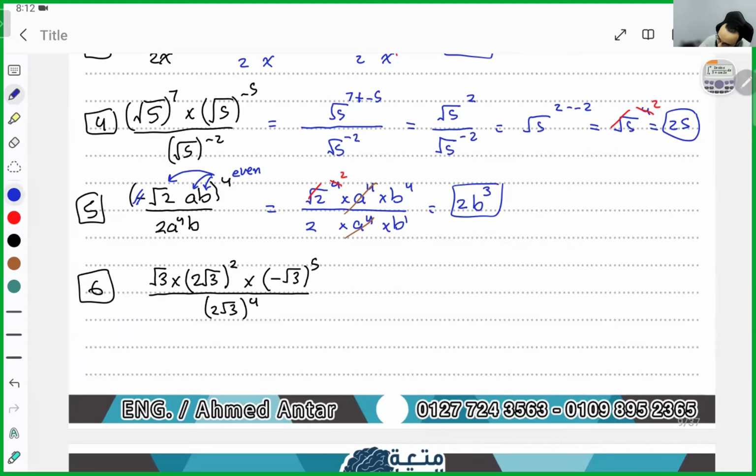So look for the following. It's root 3 times 2 power of 2 times root 3 power of 2 times negative root 3 power of 5 over 2 power of 4 times root 3 power of 4. I'll get 2 power of 2 here and root 3 here.